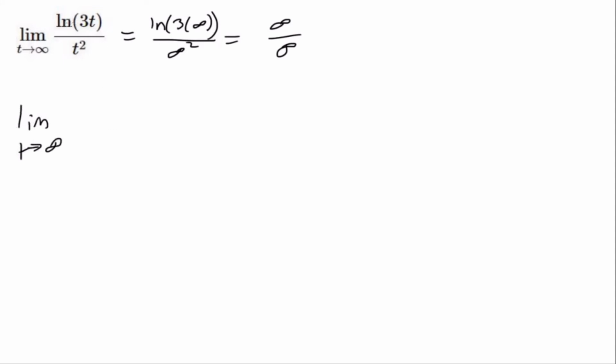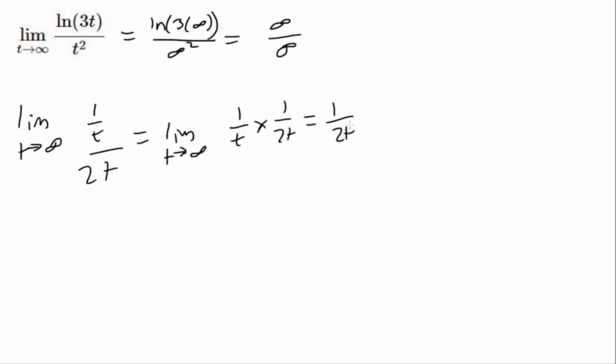We know the differentiation of natural log is just 1 over t, over 2t, which is equivalent to the limit of t towards infinity of 1 over t times 1 over 2t, which gives you 1 over 2t squared. Apply your limit, which is infinity.